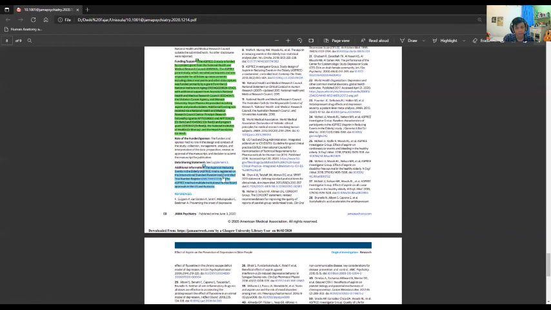This is the information about the registration to become a participant, and this is the registration number.